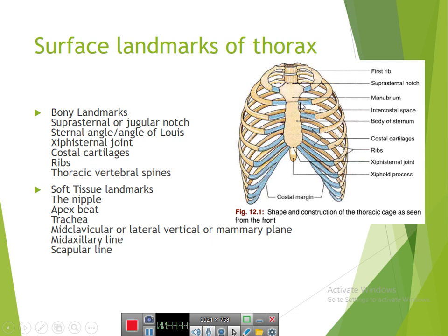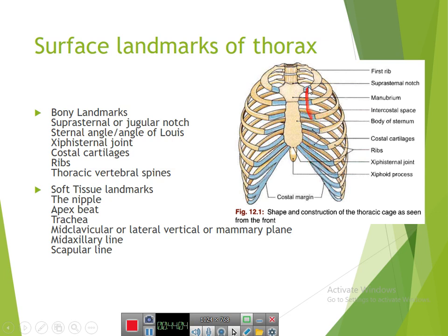The ribs are counted from here by tracing the finger downwards and laterally, because the lower costal cartilages are crowded and the anterior parts of the intercostal spaces are very narrow. As you can see here, the anterior parts of the intercostal spaces are very narrow, so you couldn't count the ribs anteriorly.